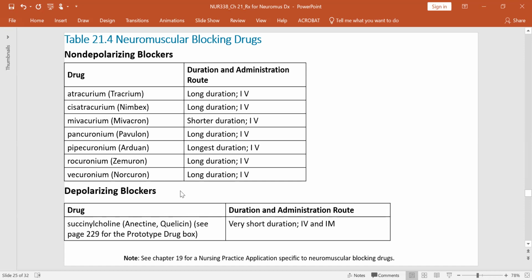In NUR323 mental psych course, you will go over the ECT, the electroconvulsive therapy. We can use succinylcholine to relax the muscles for those patients who are taking the ECT. And also we will give succinylcholine for short surgical procedures, of short duration.